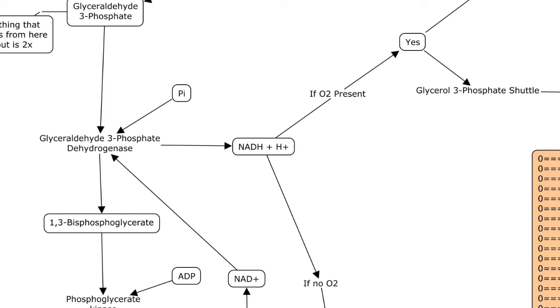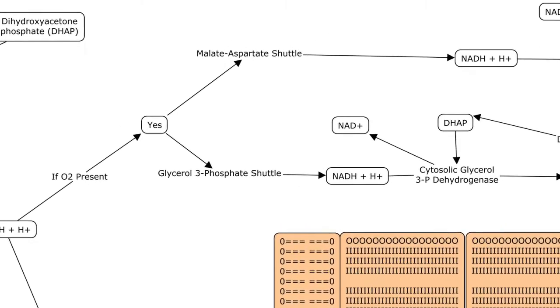However, this was made in the cytosol, and NADH can't just cross the mitochondrial membrane. It's not lipid soluble. So we have got to find another way to get it there, and fortunately our cells have two shuttles, two ways of getting the electrons in there.